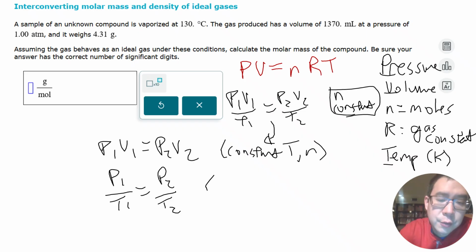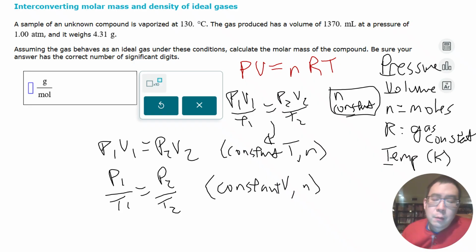That's constant V and constant N. Right, so that's a container that's rigid. The volume doesn't change. It can't expand or contract. In that case, what this equation is saying is that an increase in temperature leads to an increase in pressure.